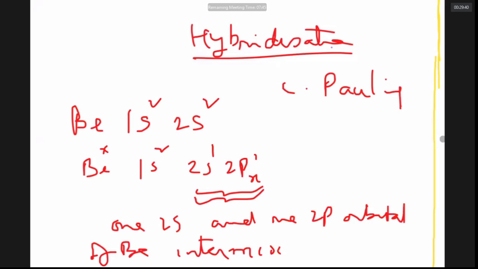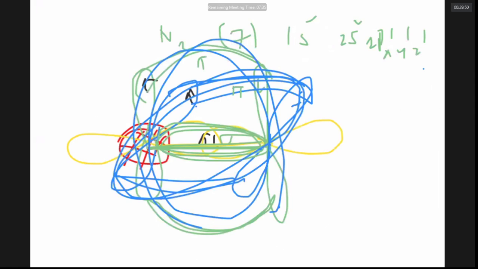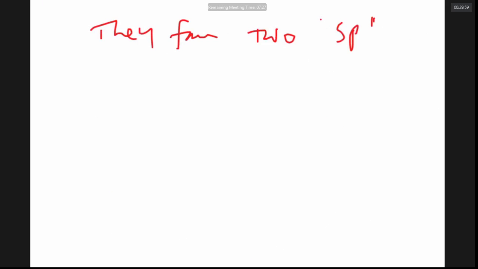How many orbitals are intermixing? 2. So they form 2 sp hybrid orbitals. Number of hybrid orbitals formed is equal to number of atomic orbitals intermixing.